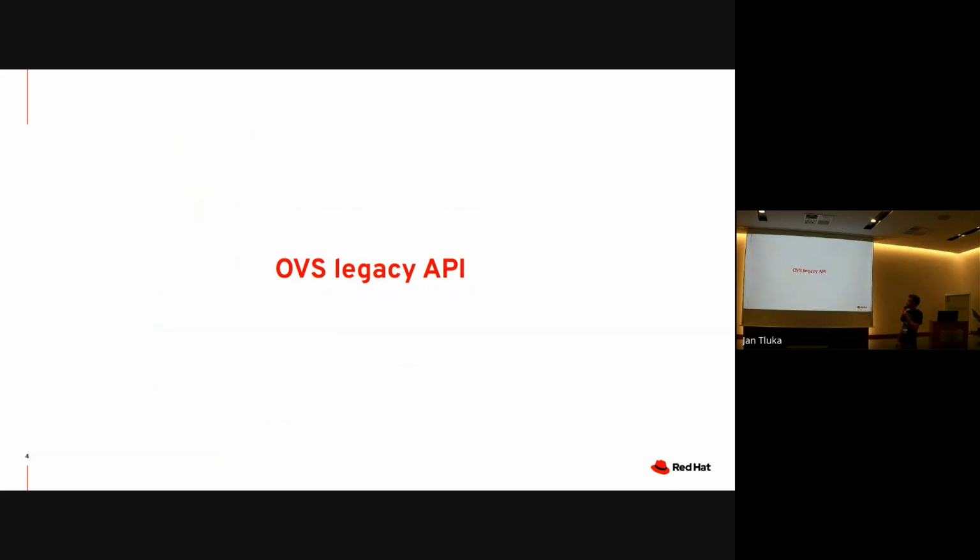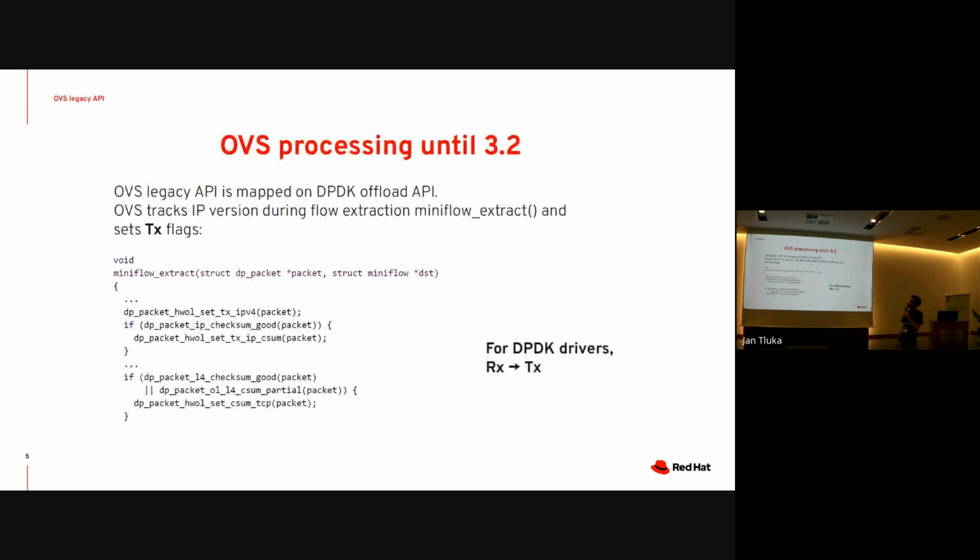So what was the offload API in 3.2? It was mapped initially on the DPDK API, which is based on a number of flags that you set on the mbuf, well, for fitting the descriptor of your driver.